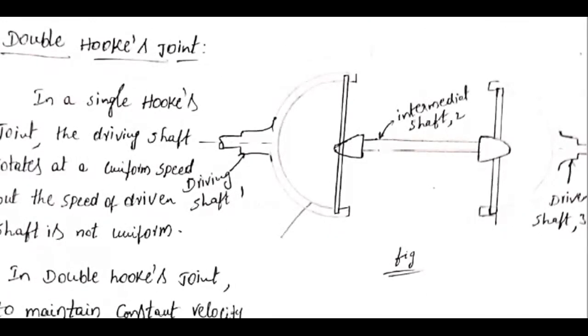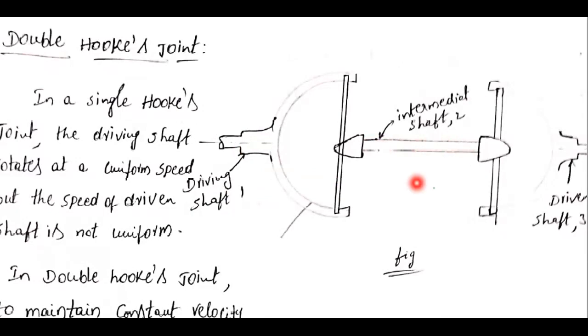In this, we may also use one intermediate shaft between the two shafts. Observe that the left side portion is considered the driving shaft and the right side portion is taken as the driven shaft. In between driving and driven, we use the intermediate shaft.